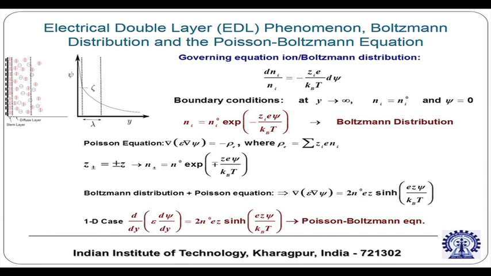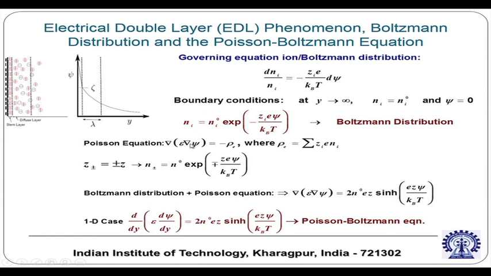So if you have the electrical double layer, we have shown that under certain assumptions, and we will discuss about the sanctity of these assumptions and what are the issues when they are modified. So under those assumptions you can write the Boltzmann distribution for the number density distribution within the electrical double layer, and the Poisson equation.